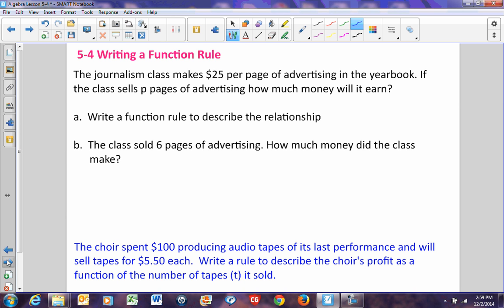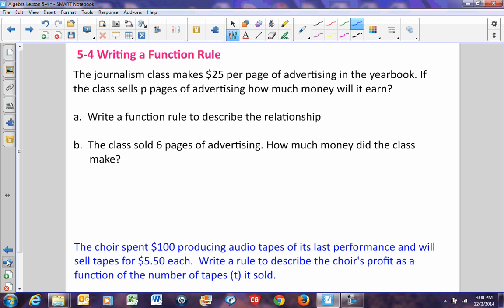All right, so it says, if the class sells P pages of advertising, how much money will it earn? Our function rule says the amount of money we make is $25 for each page of advertising that we sell. So the number of pages determines how much money we make.